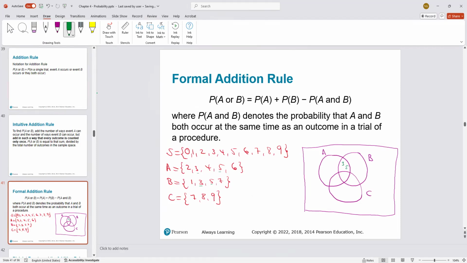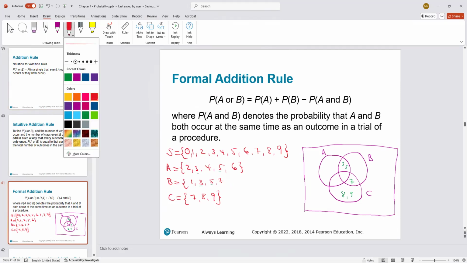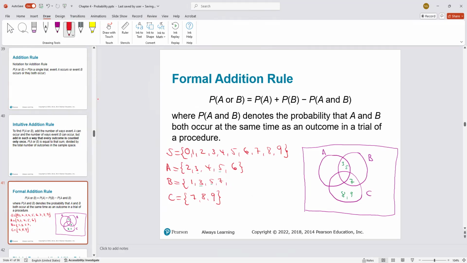Now, A and C have nothing in common, but B and C have 7 in common. So for C, what we have left is only 8 and 9, because B has one more that I didn't include. We said B is the odd numbers, 1, 3, 5, 7, 9.